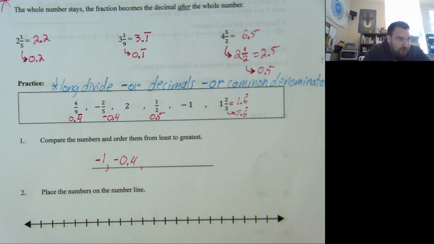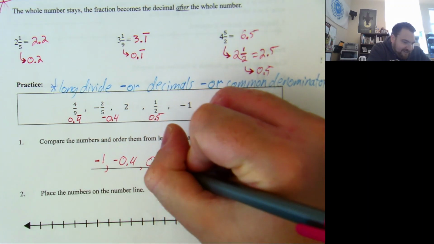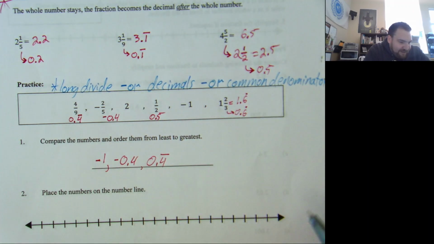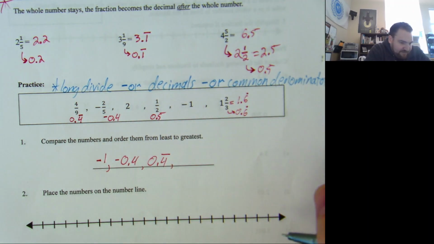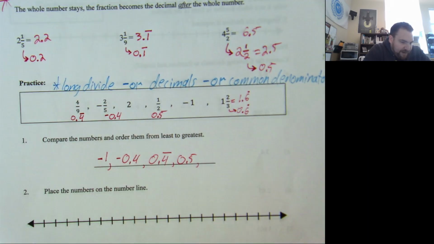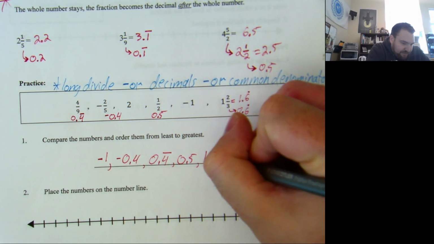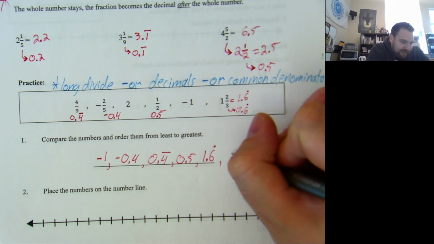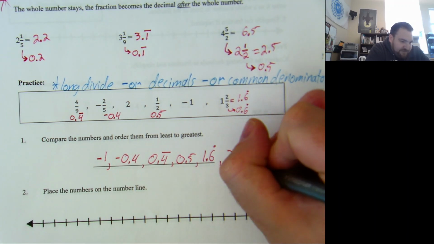You're close. You're so close. Yes, 0.4 repeating. Followed by 0.5. Followed by 1.6 repeating. And then the last one is 2.